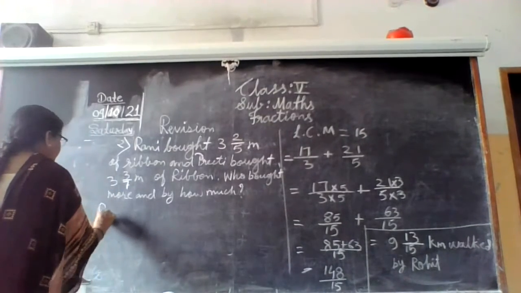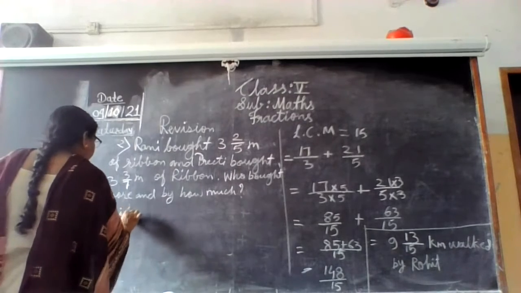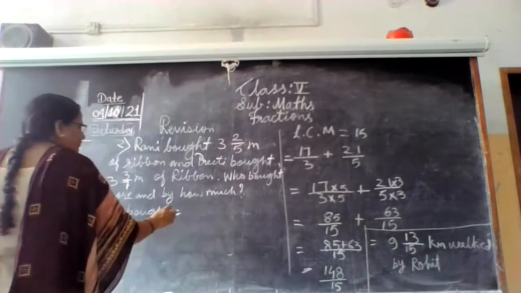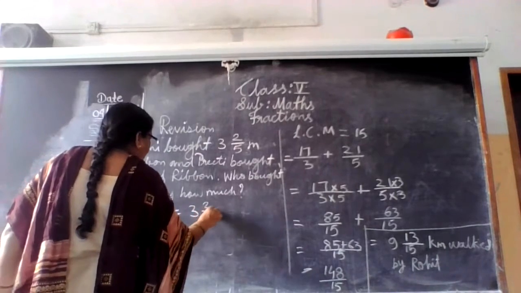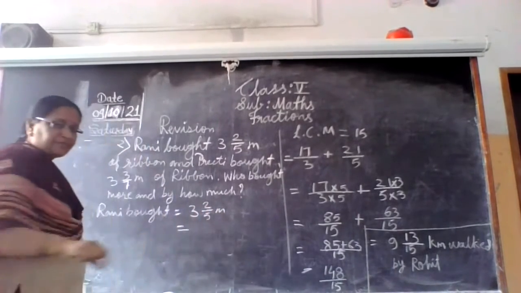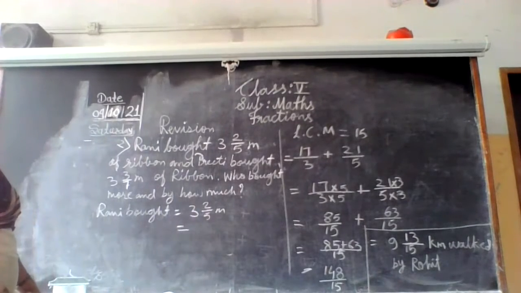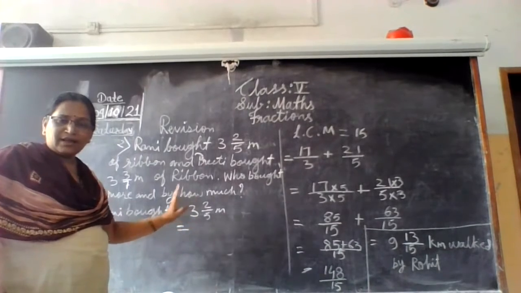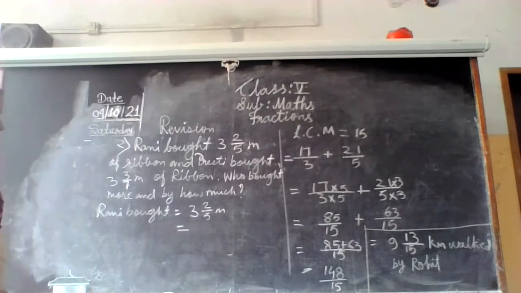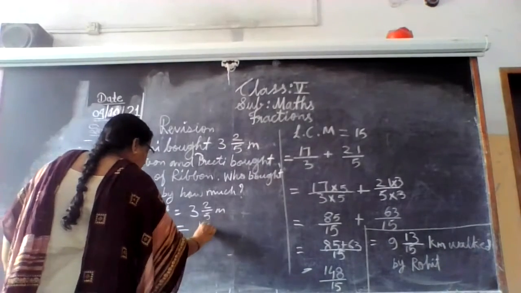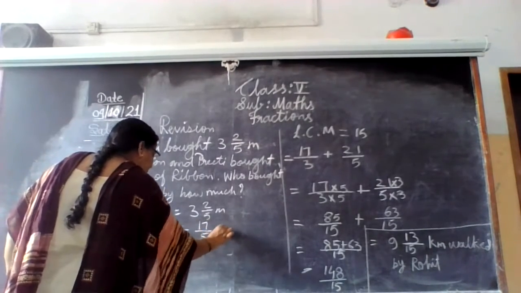Okay, so see, Rani got 3 integer 2 upon 5 meter. Equals to what? Again, it is a mixed fraction. So first we will convert it into an improper fraction by multiplying the denominator and this whole number and then adding the numerator. So 5 threes are 15 plus 2, 17 upon 5 meter.